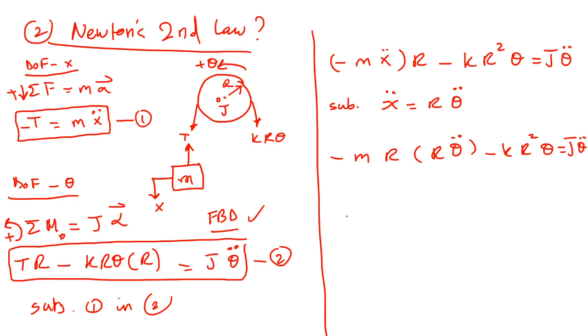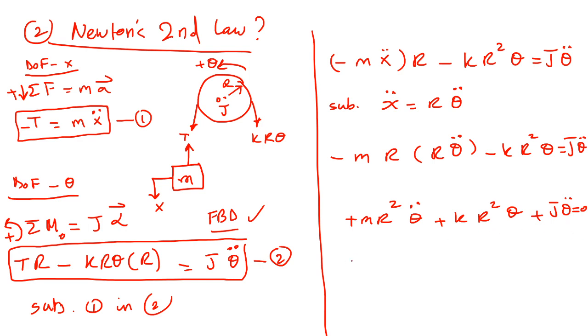Rearrange. Take everything to the other side. It will be m R squared theta double dot plus K R squared theta plus J theta double dot equal to 0.